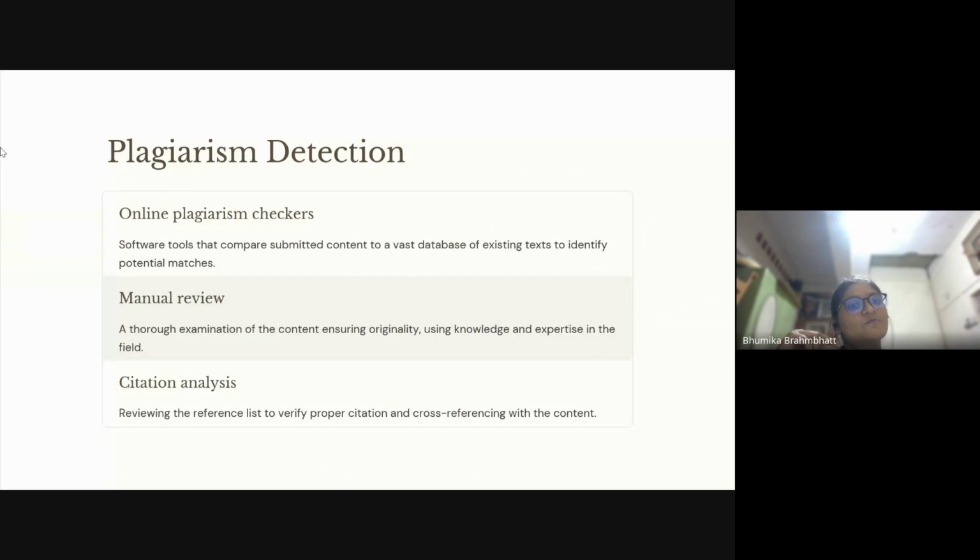Detection. How the people, experts, detect plagiarism, that आपने किसी और का कंटेंट लिखा है, हमें कैसे पता चलता है, ठीक है.